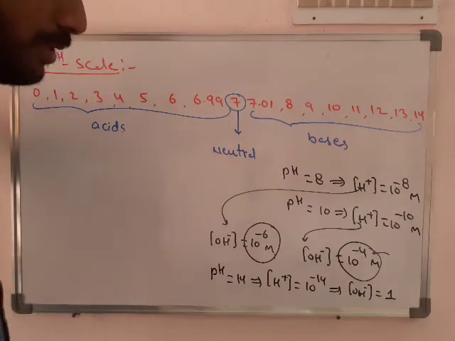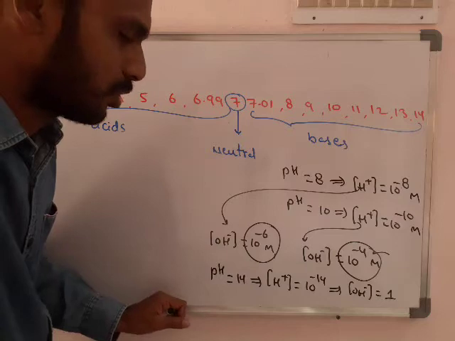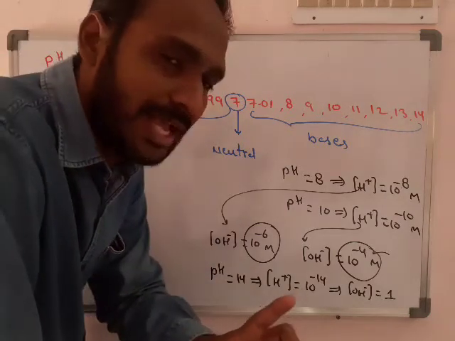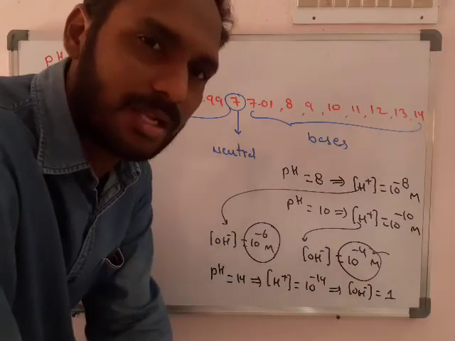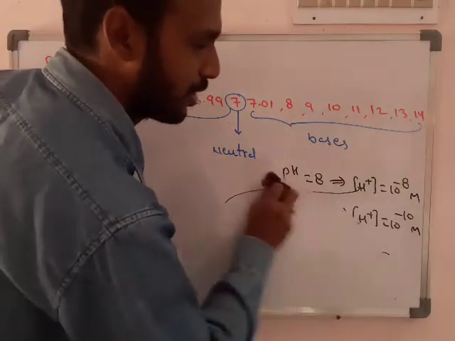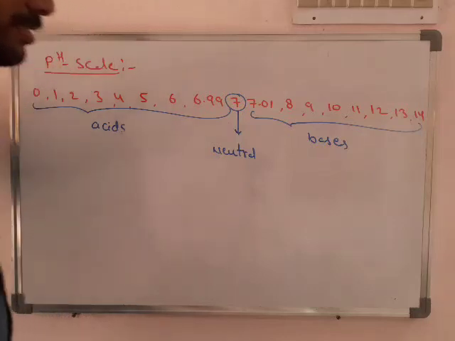So as H plus into OH minus is 10 power minus 14, it means as the pH value increases, basic character also increases. It is exactly opposite to the acids. You have to remember that.